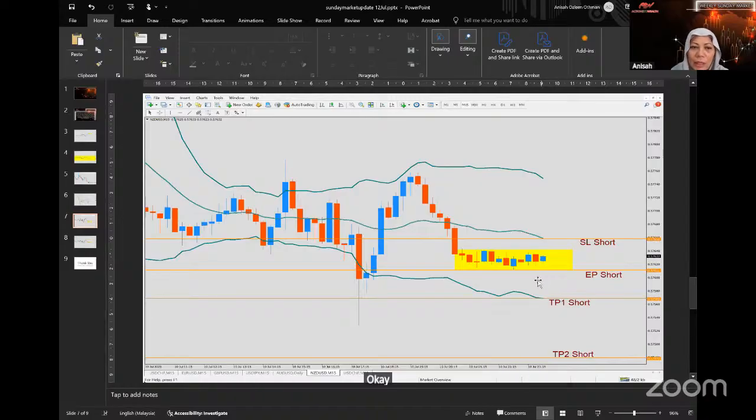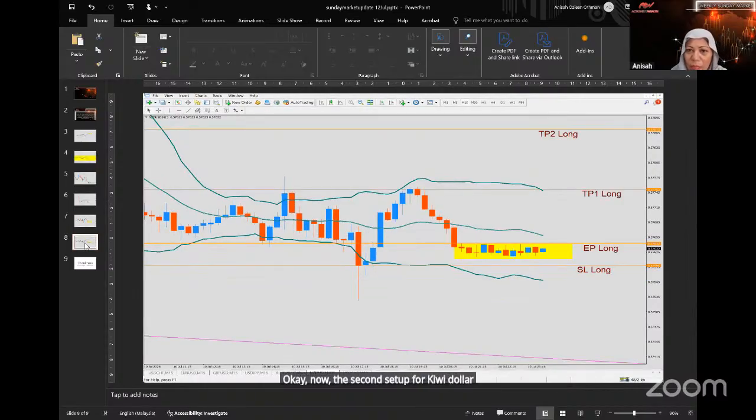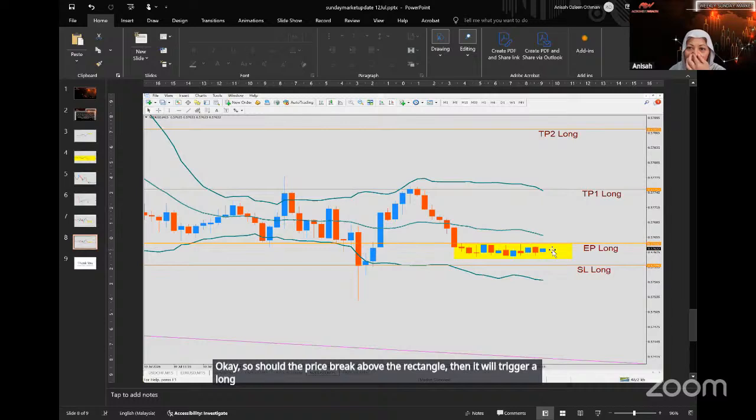Now the second setup for Kiwi dollar is long. Should the price break above the rectangle, then it will trigger a long trade.